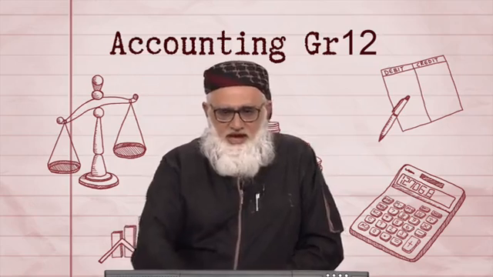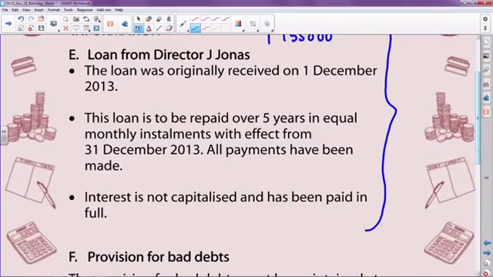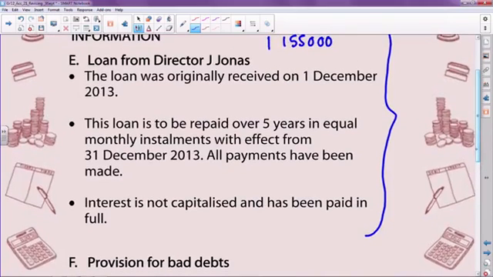Okay guys, I hope you've got it sorted out. Watch. The most important thing for you to remember is that the loan was originally received on the 1st of December 2013, right? So now, if I say December 2013 up to the 28th of February 2014, that would give me a period of 3 months, right?